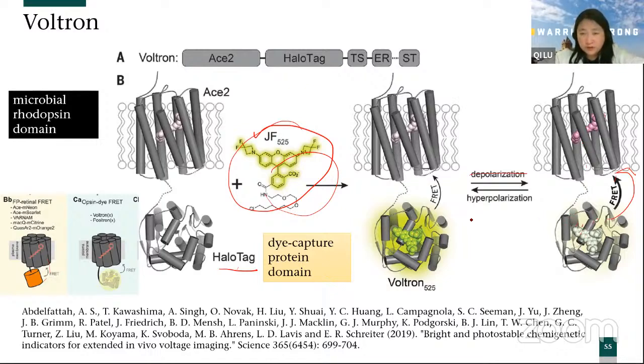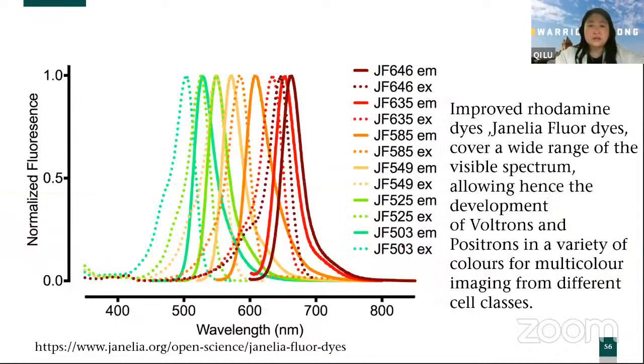So the fluorescence is not coming from this. It's a JF dye, and this energy will be transferred to the opsin and it will cause the fluorescence change. So this fluorescence change is between this interaction and energy transfer, between the transmembrane domain, that's the rhodopsin, and another part, that's the donor, the JF chemical dye.